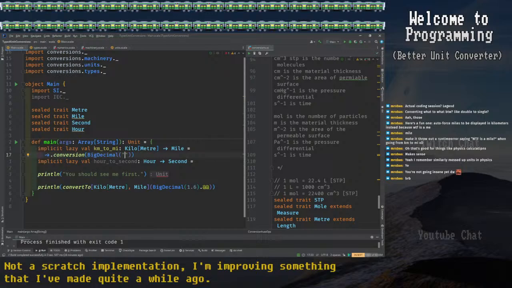Oh god. 1 kilometer in miles. Nope, 1 mile in km. That's not what I mean. 160934.